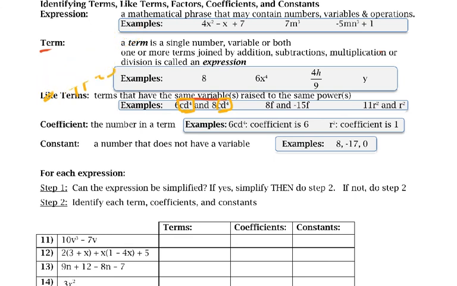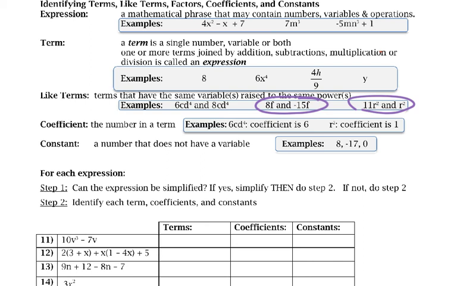Now on the other hand, if I have 1 apple plus 1 apple pie, and I add it together, I have 1 apple and 1 apple pie. Even though they might be the same, they're not exactly the same, and so I can't add them together like that. And so that's what I have here. So I have these like terms. And so if you have like terms, you can add them or subtract them. You do not have to have like terms to multiply or divide.